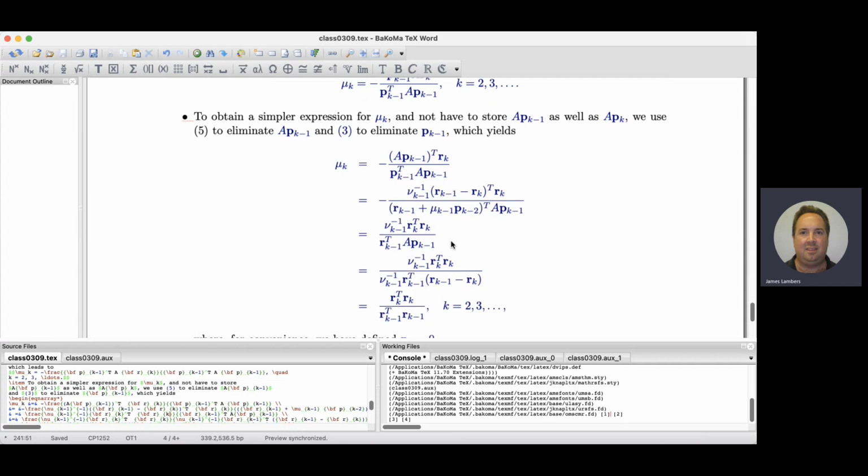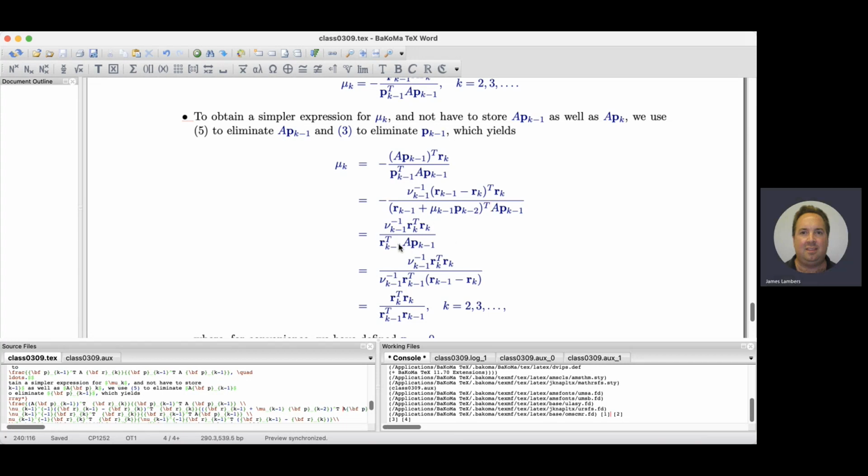But I can go even further, because down below I have this dot product. So then I express pk minus 1 in terms of the corresponding residual in the previous search direction. But this is A orthogonal to pk minus 1. So the inner product of this and this is 0. So that term goes away.